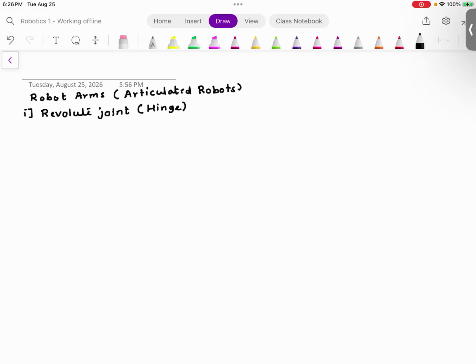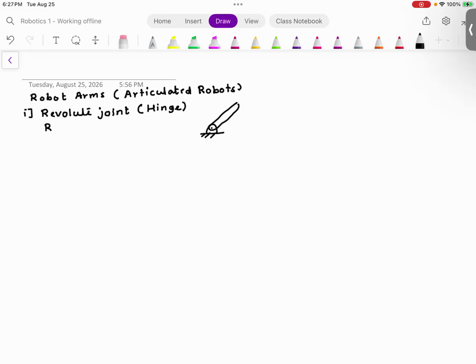And this revolute joint is going to look something like this. So you have a link, and at the end of the link, you have a hinge. So this is the revolute joint. This revolute joint is denoted by R.